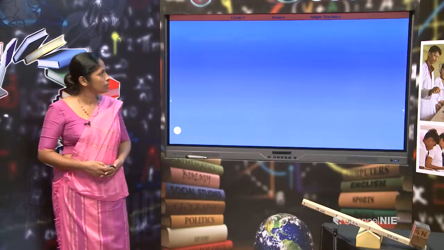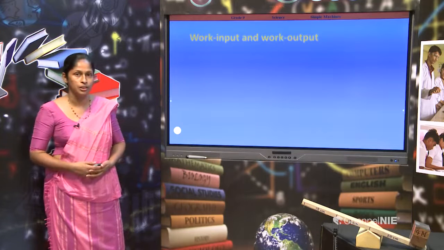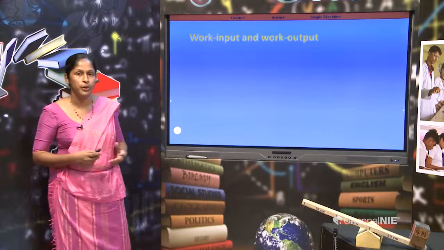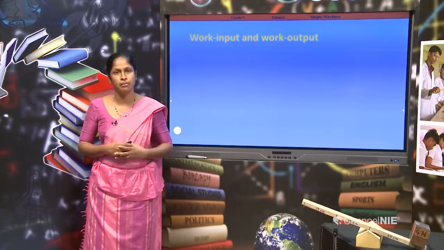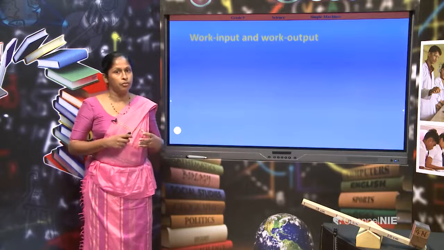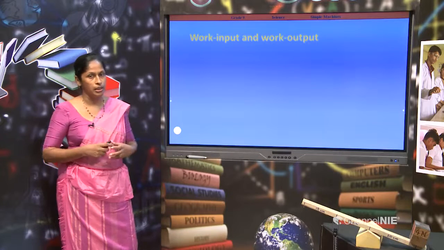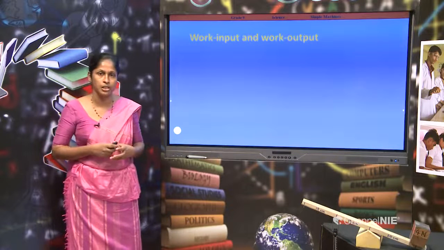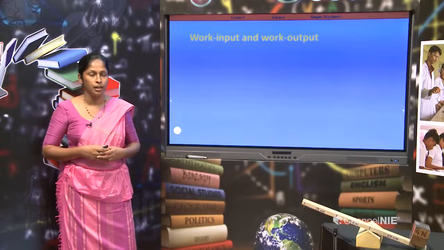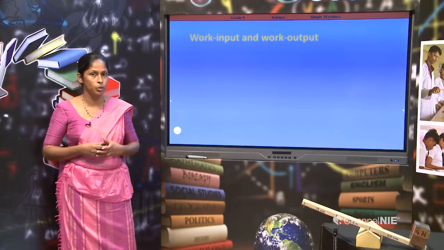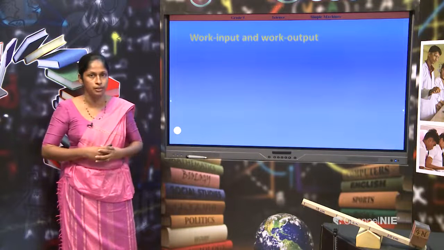Okay, children. Now, let us do another important part of simple machines, that is work input and work output. We all know we have to exert a force to do work by the simple machine. The force that we exerted to do the work on the machine is called work input. And after exerting a force, the machine does a particular work.